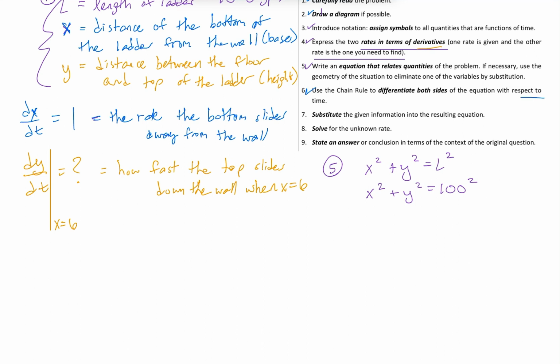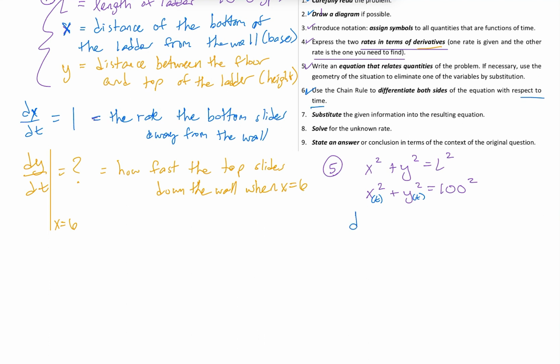with respect to time. And that's why we need the chain rule, because time is not in that equation. So these functions, x and y, are really a function of time, because both of them are moving as time passes. So when I take the derivative of them, I want to treat them as functions of time.